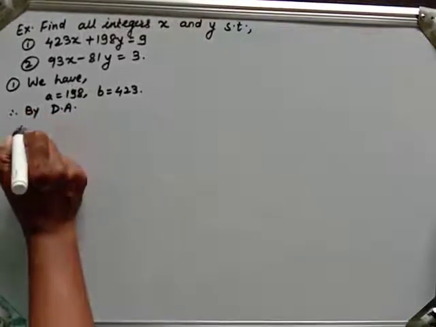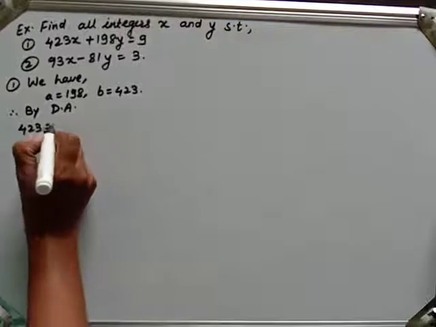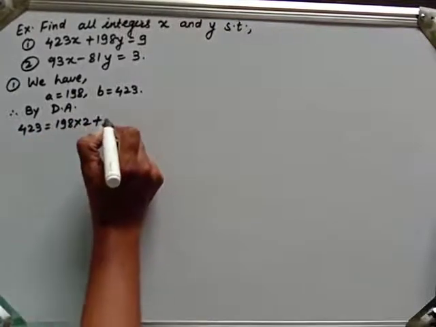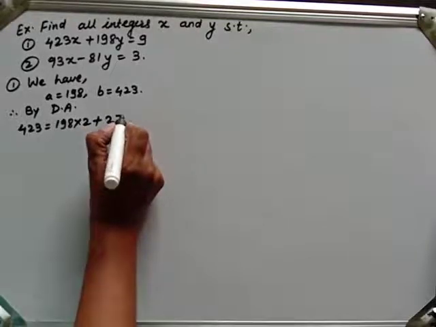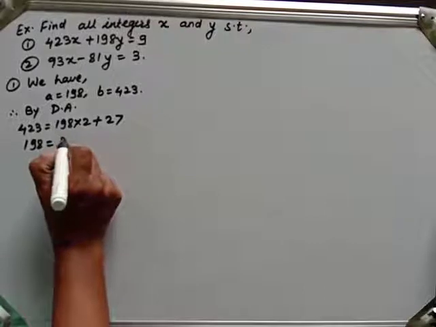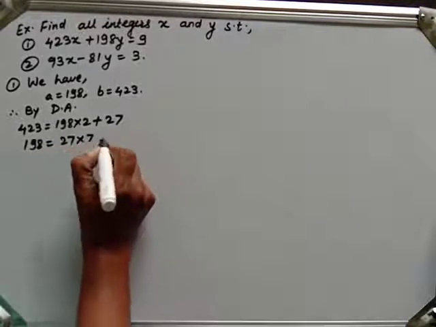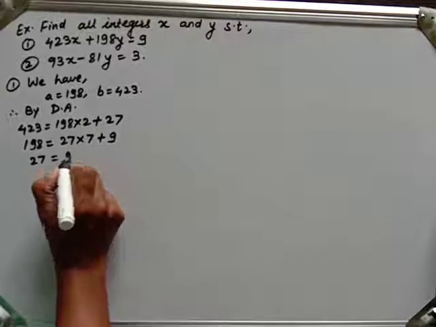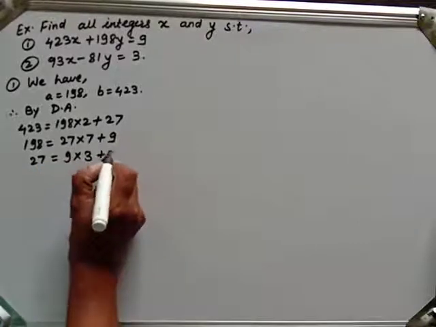By division algorithm, 423 is equal to 198 multiplied by 2 plus 27. Then 198 is equal to 27 multiplied by 7 plus 9, and 27 is equal to 9 multiplied by 3 plus 0.